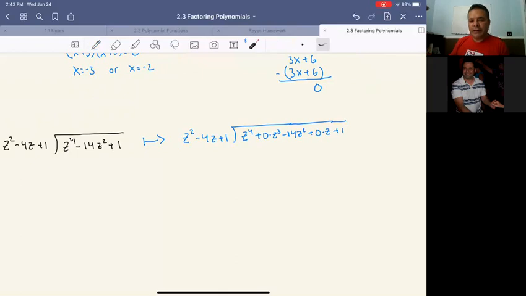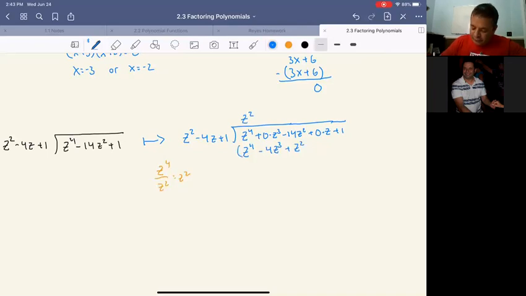Now we're going to take z to the 4th and divide it by z squared. z to the fourth divided by z squared is just z squared. So we'll have a z squared here. We're going to take this z squared and multiply it by these terms. So we get z to the fourth minus 4z cubed plus z squared.